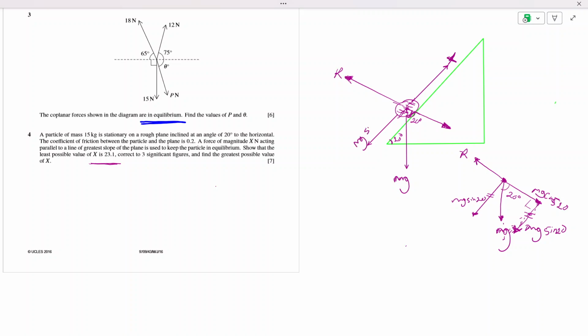It is mg sine 20, then acting up with x, okay, and then this is going to be equal to mg cos 20, like that. Mg cos 20, and this is just going to be equal to mg, like that. Okay, so the question tells us to show that the least value of x is 23.1. How do we determine the direction in which the friction is acting?